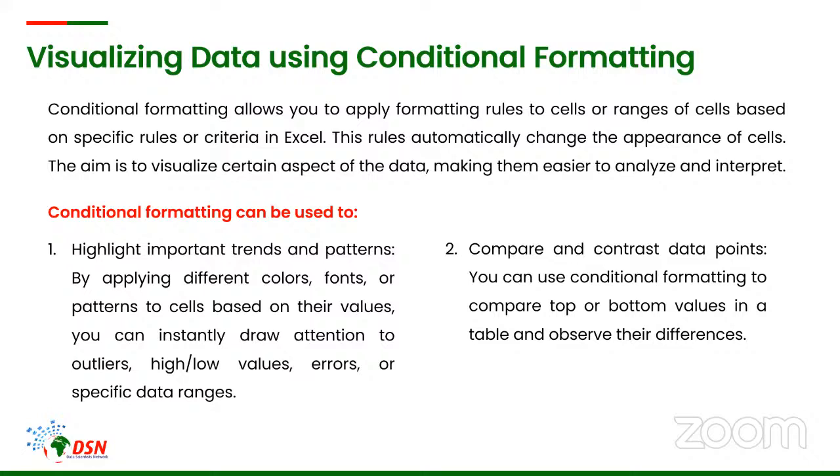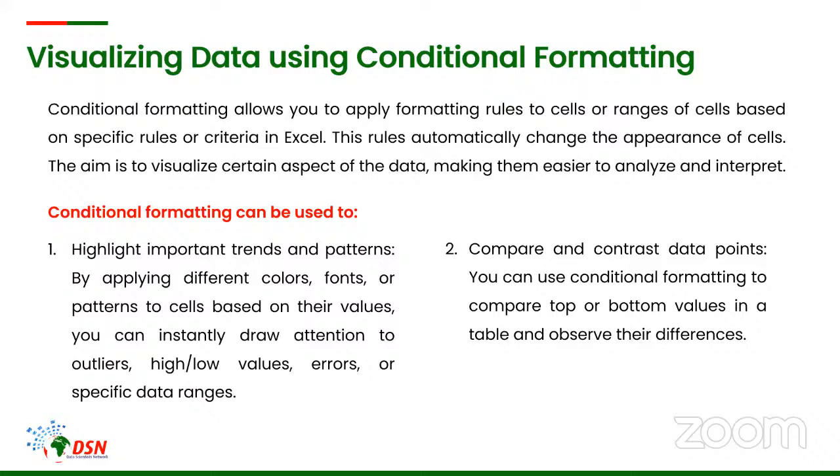So what does conditional formatting allow us to do? It allows us to apply formatting rules, like I've said, to a cell or range of cells based on specific rules or criteria in Excel. This rule automatically changes the appearance of the cell.